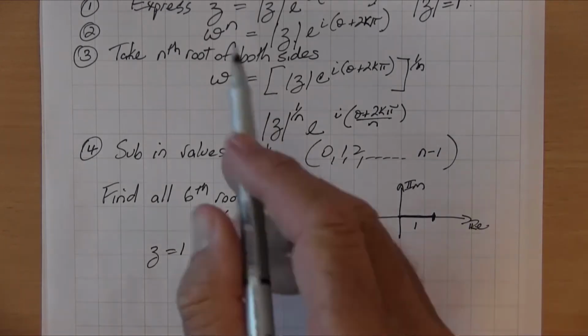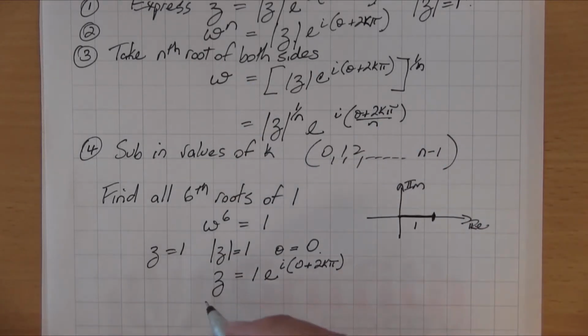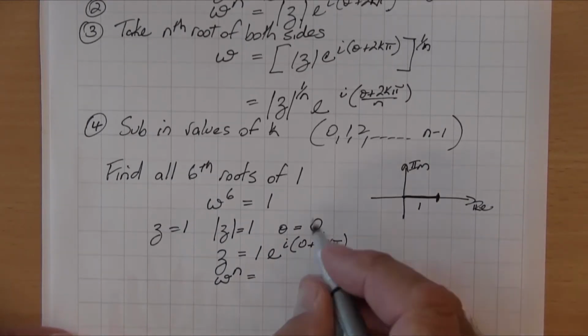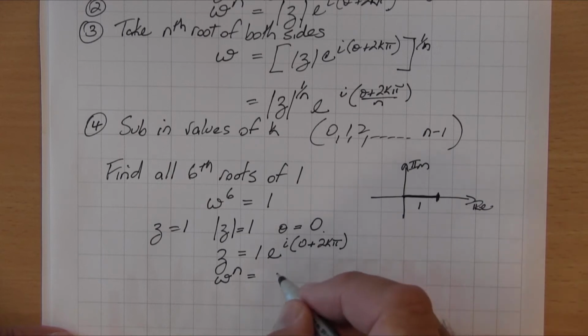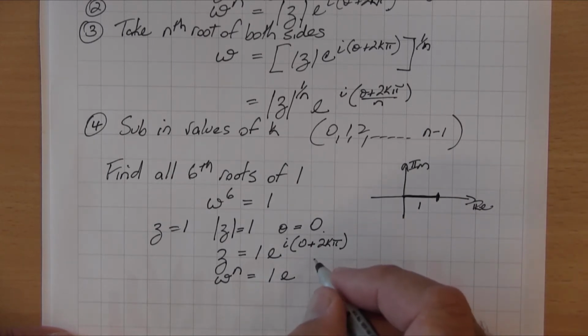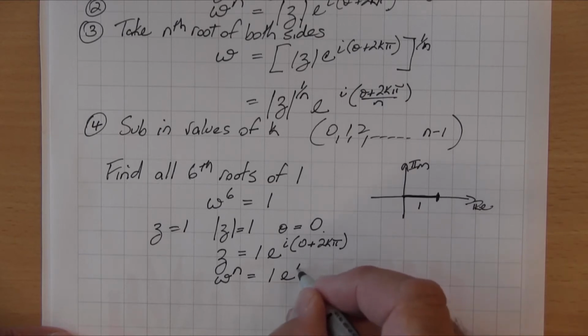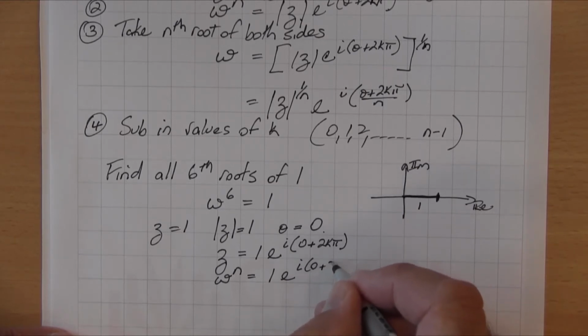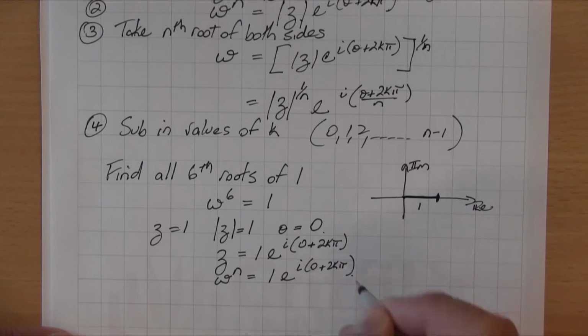Okay, so that's step 1 done. So now step 2 is w to the n is equal to 1 e to the i, sort of 0 plus 2k pi.